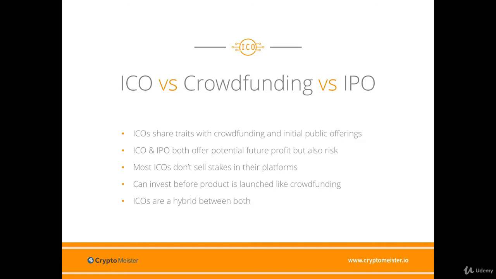An IPO will sell a stake in the company so that investors have a portion of ownership. Most ICOs to date haven't sold tokens that act as a stake in their platforms. The only exception to this was in 2016, when the DAO campaign offered tokens that were attached to voting rights.